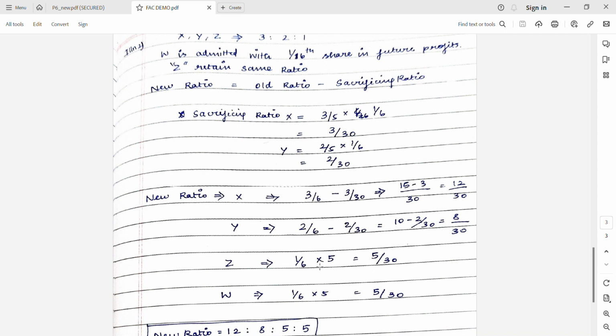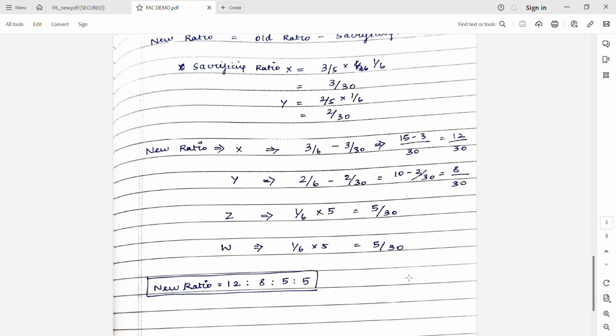So 1/6 multiplied by 5 gives 5/30. The same applies to W. Now we all have a common denominator, so we can write this as 12:8:5:5. This will be the new profit sharing ratio.